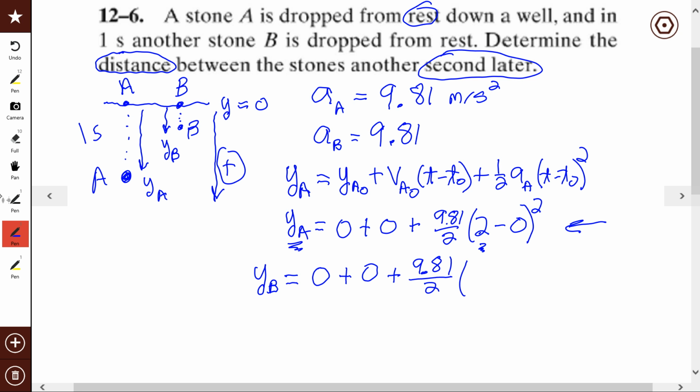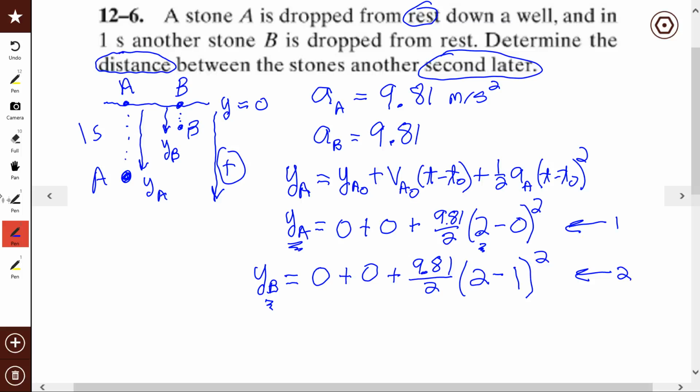His time is 2 seconds minus the initial time. He started moving at 1 second. So that would be 2 minus 1 quantity squared. And so this is a second equation, right? So I have equation number 1, equation number 2. Two equations allow me to solve for two things, YA and YB.